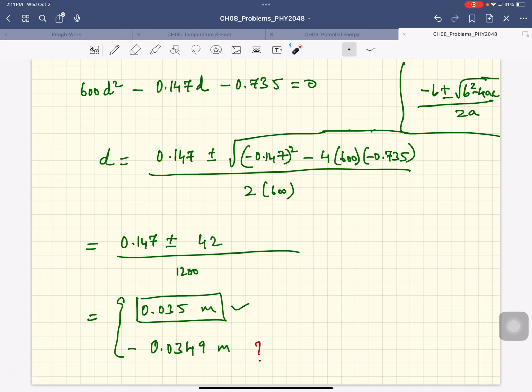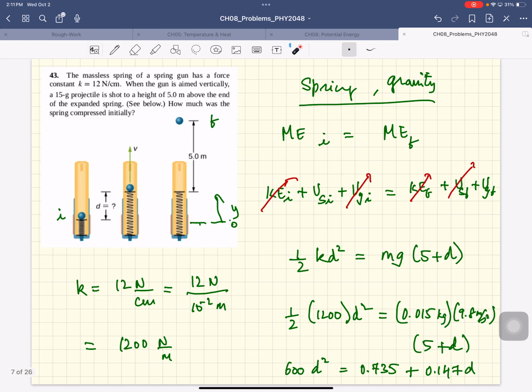And you see, that makes sense. This distance is smaller than this compression. Why is that distance smaller? So for instance, if the spring was horizontal, you let go from here, it'll compress to the same location.